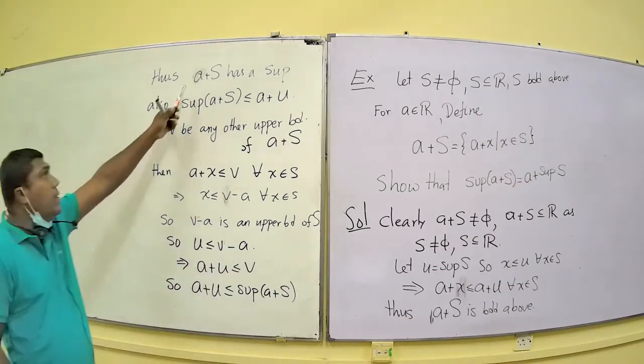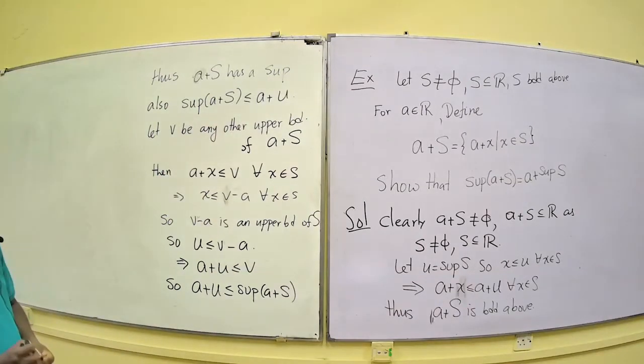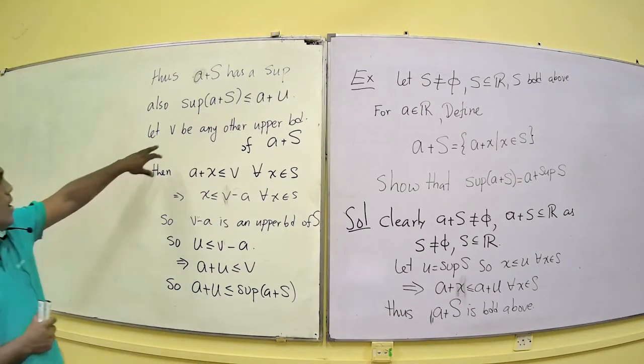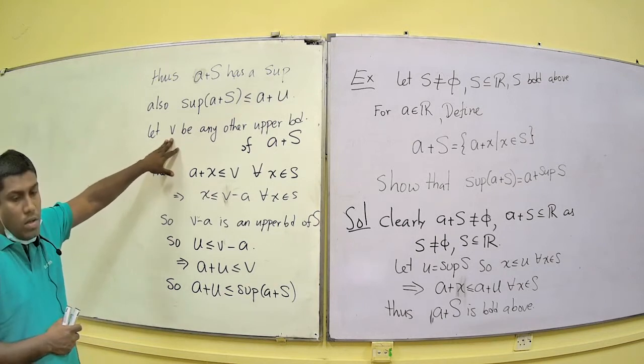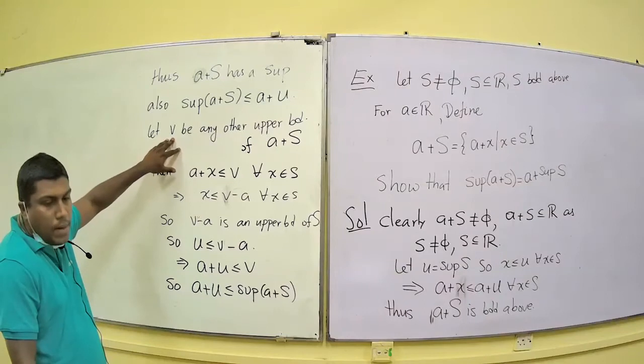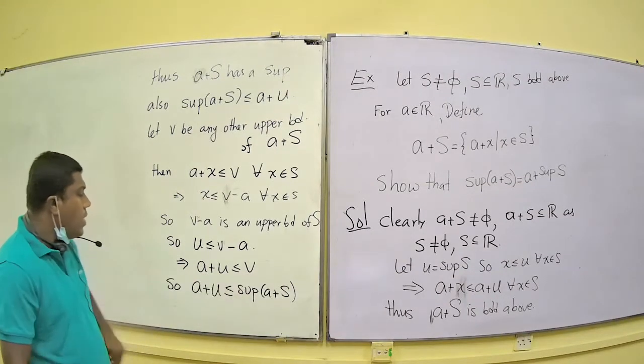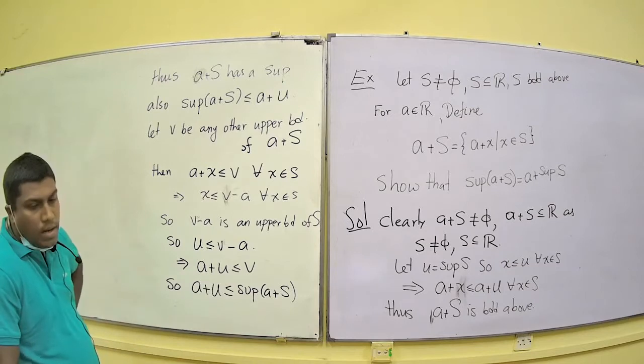So the supremum of A plus S is less than or equal to A plus U. That is the statement you have there. And now you take any other upper bound V of the set A plus S, and you see that A plus U is less than or equal to V, right?